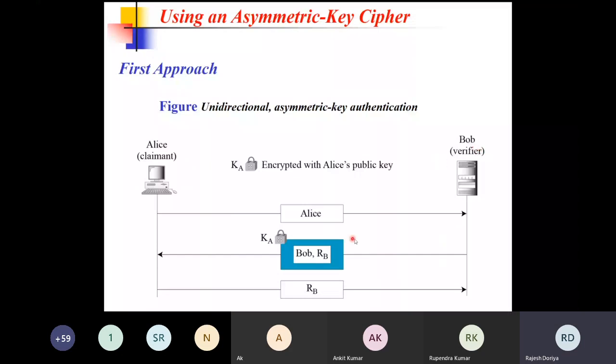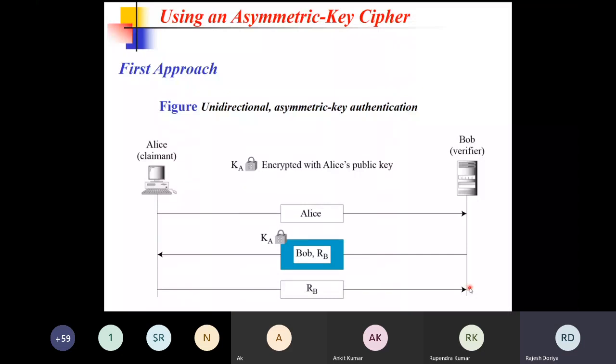So Bob is encrypting his nonce number along with his identity using the public key of Alice, and Alice can decrypt this message with her private key. Then the nonce number will be sent back to Bob, and that way Bob will be able to know that Alice is a legitimate person who is trying to access him.